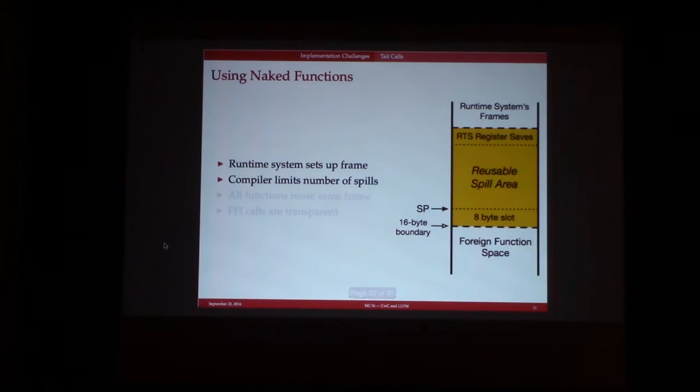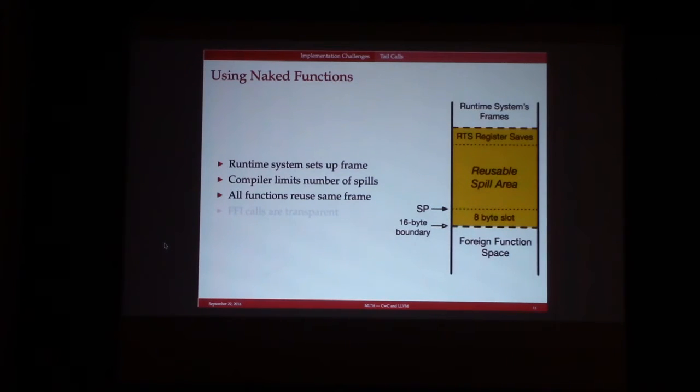And in order to be safe, because this is hard-coded, handwritten assembly code that sets up this frame, we use the compiler to limit the number of spills in every function. This is an idea borrowed from Standard ML of New Jersey, and it's also described in Appel's book on how to do this for safety. And in practice, we just set this size to be quite huge, so we never have to worry about it.